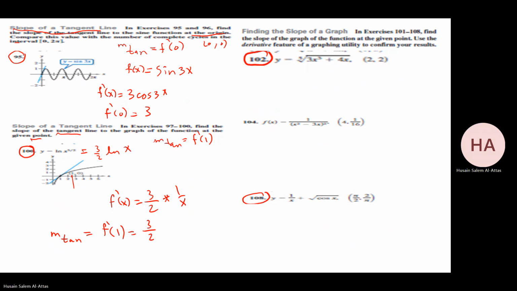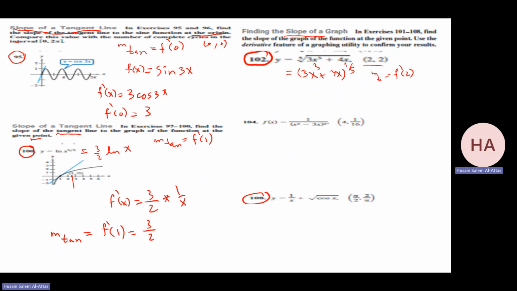Now you need to find the slope at a given point. Same thing. The function is 3x cubed plus 4x to the power 1 over 5, and I'm looking for f prime at 2.